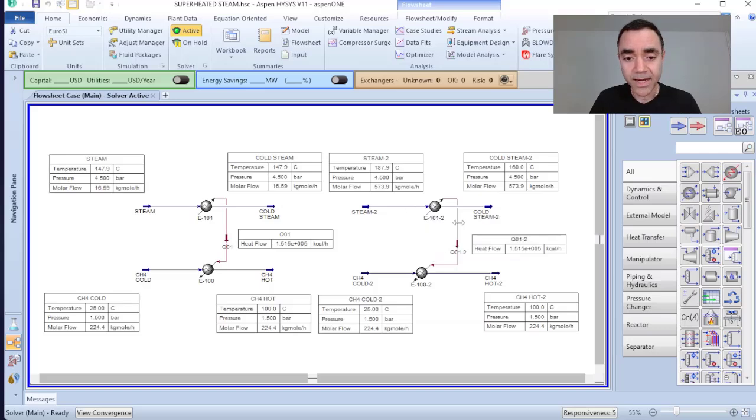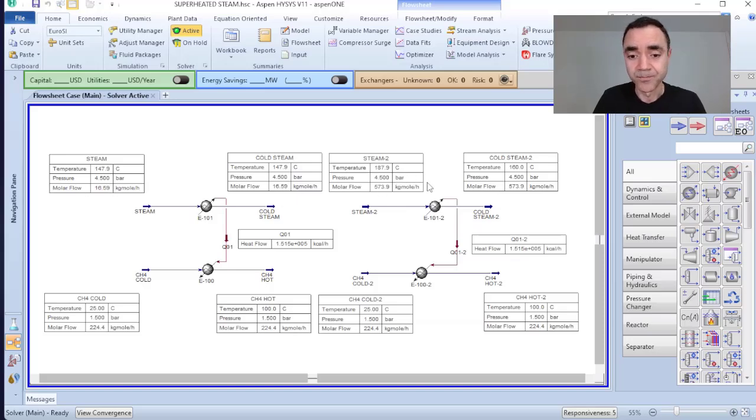On the right side I have the same value of energy to be transferred, the same flow, pressure and temperature conditions in the methane, and the same flow, pressure and temperature conditions at the heated methane. But now you can see that in terms of flow of superheated steam, I have around 30 times the value of the saturated steam.